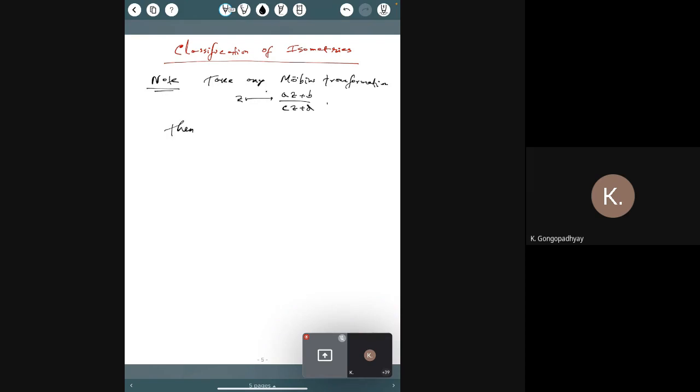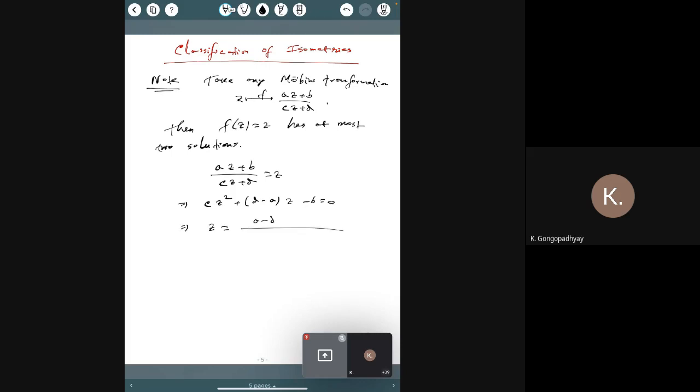Then f(z) equal to z has at most two solutions, right? You can easily solve (az plus b) by (cz plus d) equal to z. That will give you a quadratic equation, and you know what z is.